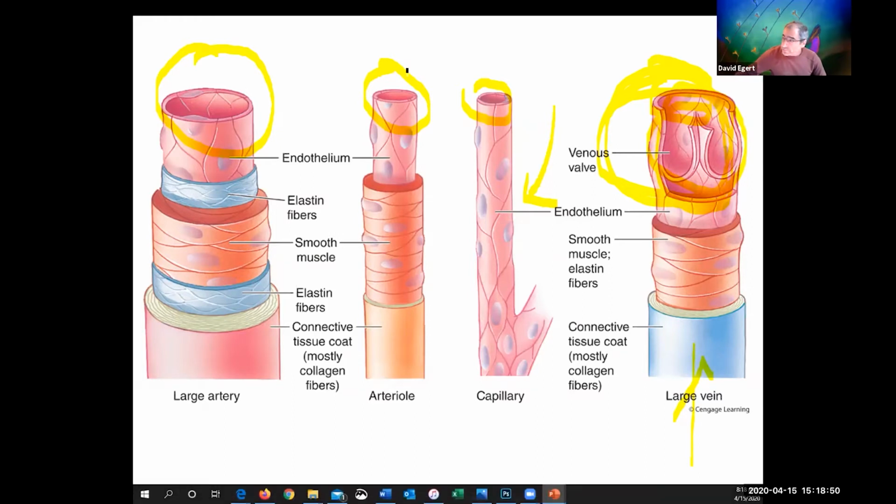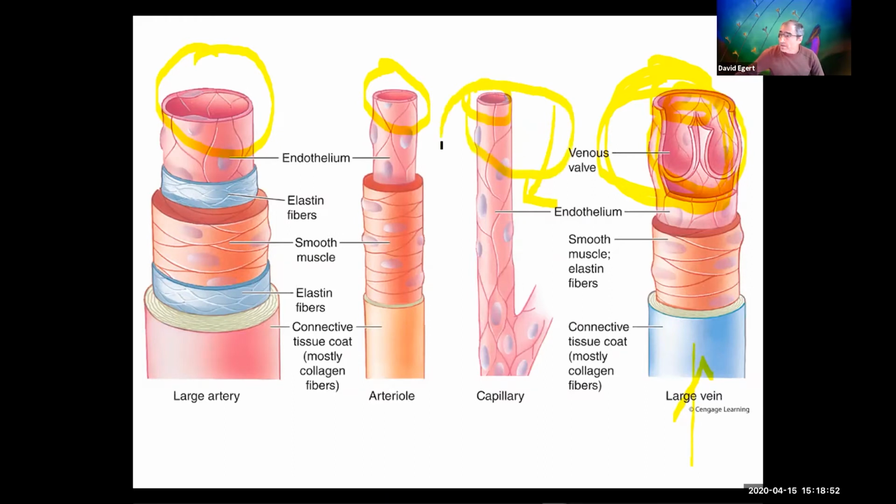So, capillaries, let's talk a little more about capillaries. Actually, we talked about the two main versions of large arteries. There were two classifications. Anybody remember that?